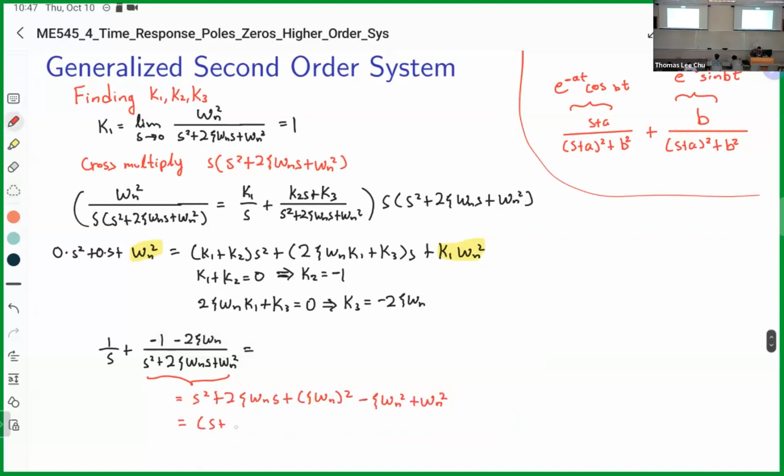That becomes (s plus zeta omega n) squared plus omega n squared times (1 minus zeta squared).